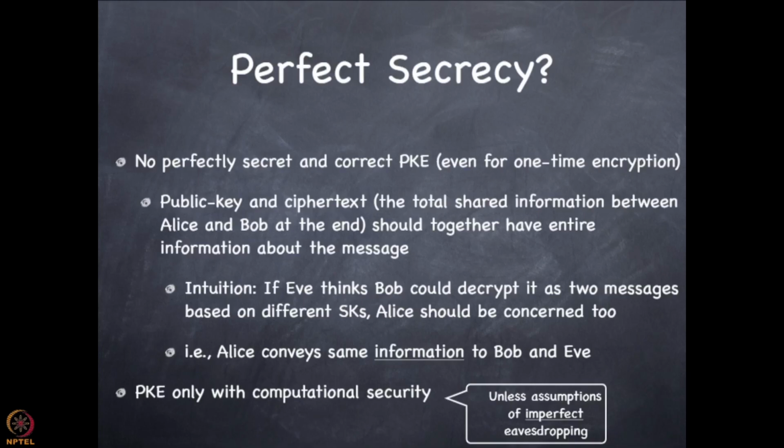In that case, there are coding schemes which can get you perfect secrecy without Alice and Bob having shared anything. It's not a very common situation, because we are talking over the internet.